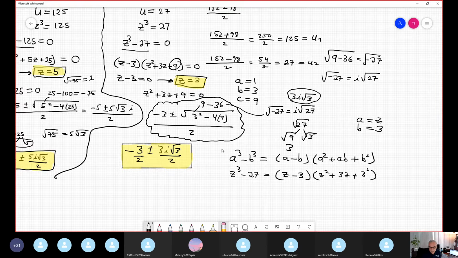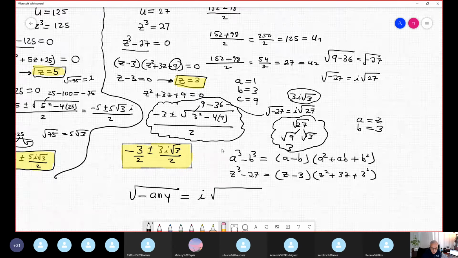Look, the i always goes outside. Yeah, absolutely. Remember, Mister, that formula: the square root of any negative quantity is equal to i outside, square root of the positive. Exactly the same as the example we're doing, and this review. Okay. Clear now? Yes. Super.